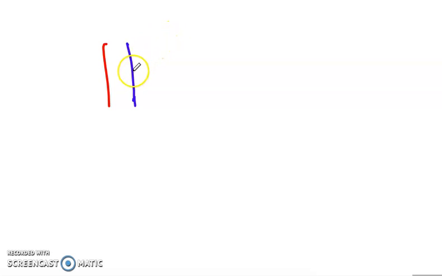After it replicates, remember, it's going to be looking more like this, right? Okay, so now we have the replicated homologous chromosomes.